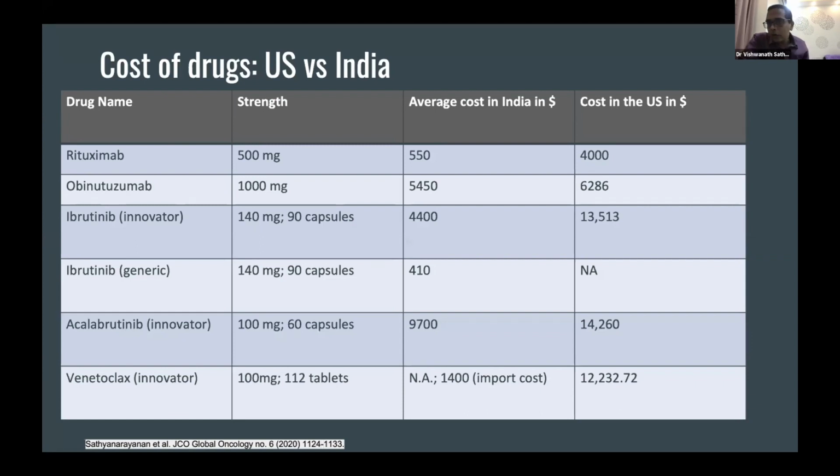And venetoclax, unfortunately, at this point in time is not available in India, but we do have access to import it from the UK and various other European countries. The cost of 100 milligrams, 112 tablets, with all the import customs comes to around $1,400 approximately, and the cost in the US is around $12,000.